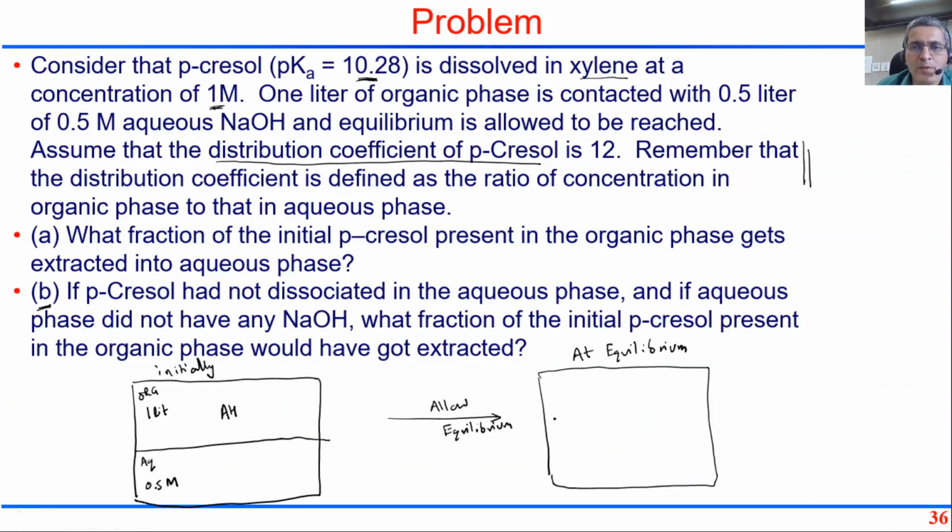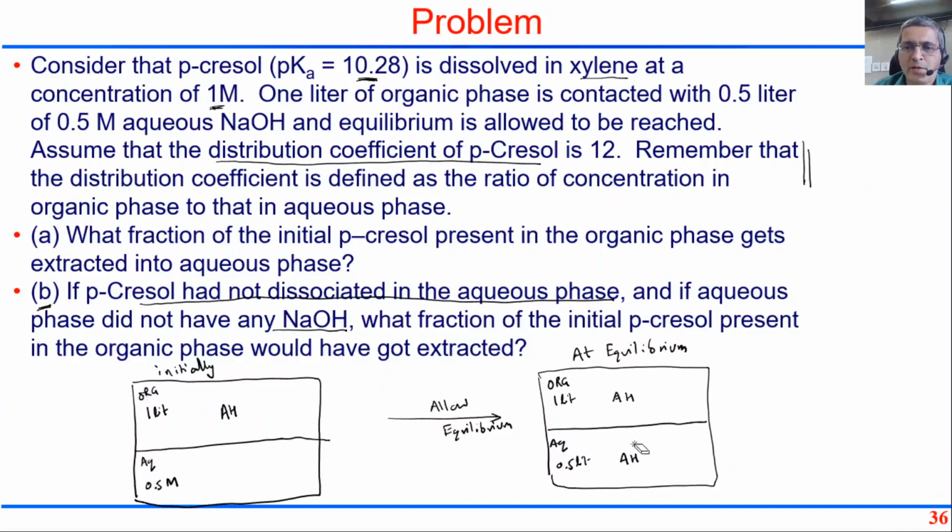If I allow equilibrium to take place, the organic phase will be 1 liter with AH here, and the aqueous phase will be 0.5 liter with AH here. For part B, we do not have any NaOH and we assume that paracresol is not dissociated in the aqueous phase. That means we are told to ignore the dissociation part, so it is just the physical equilibrium, which should be very straightforward.